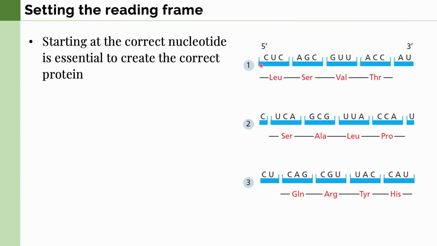In this figure, we can see that we have the same mRNA sequence, but we can read it at different starting points. And as a result, the amino acid chain that is created is different between each reading frame. Now, in order to start at the correct reading frame, the ribosome has to find the start codon, and this is the codon AUG, which carries the amino acid methionine.